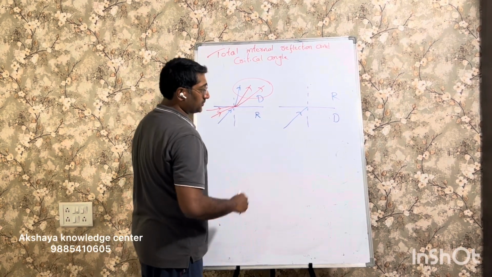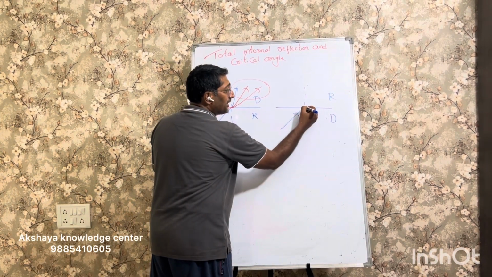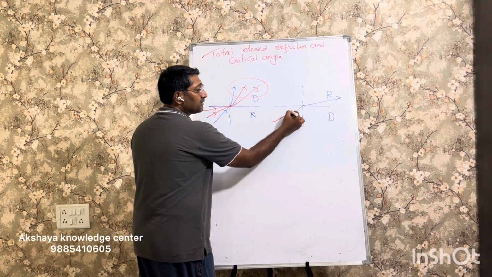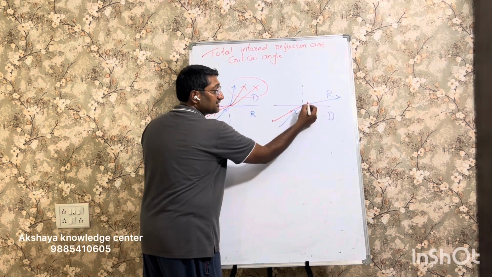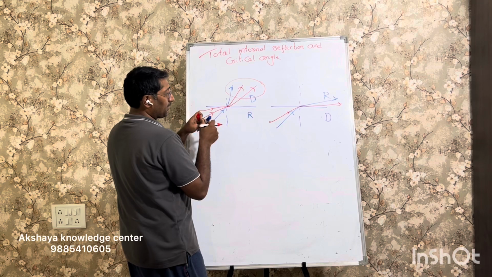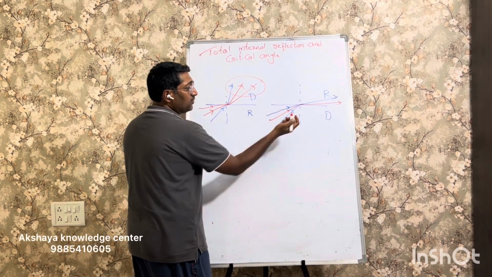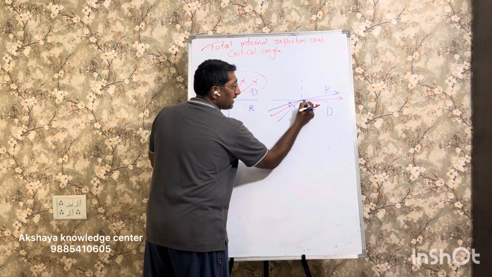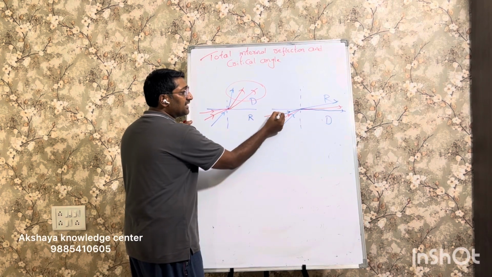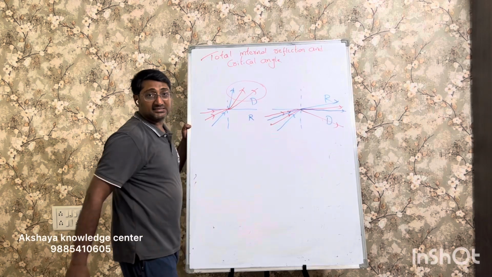Now look at denser to rarer. In this case, as light travels from denser to rarer, it bends away from the normal. Now let me take a wider angle. This time it should bend further away, maybe it travels like this. And one more. Maybe in this scenario, it travels along the interface, and a little bit more incident angle might actually make it come backwards in the same material.